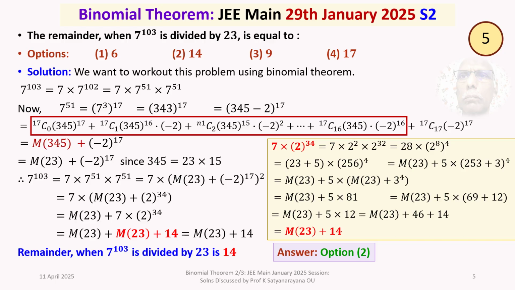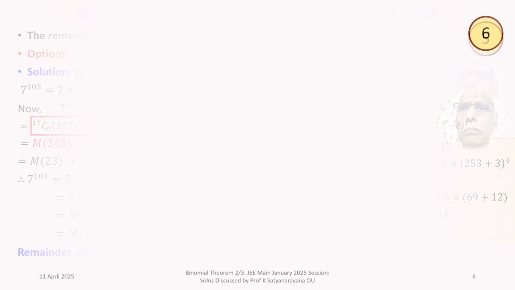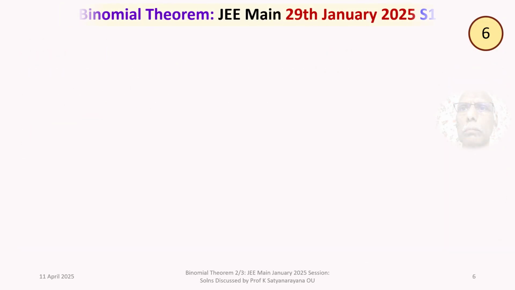Using congruences and number theory, you may get the answer comparatively quickly than this, that will take less time, but our intention is to work out this problem under binomial theorem. Now we move to the next question.